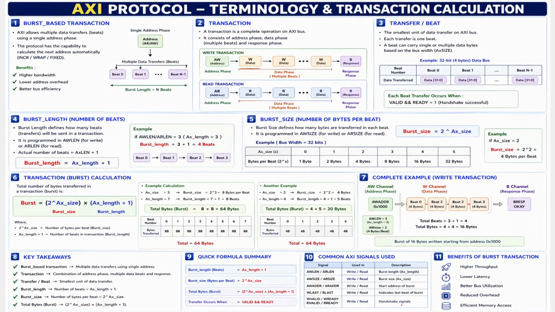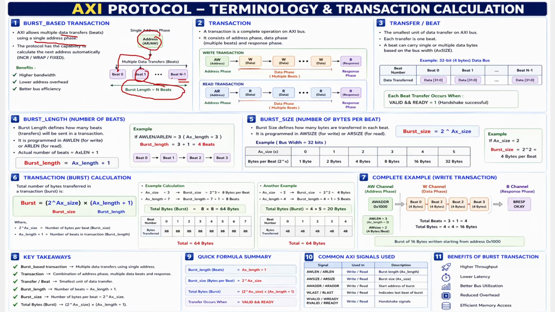These are the terminologies. I told you about burst-based transactions. It allows multiple data transfers using a single address. Based on this single address, we are transferring beat 0, beat 1, and so on, up to beat n minus 1, based on your burst length. N number of beats we are having.